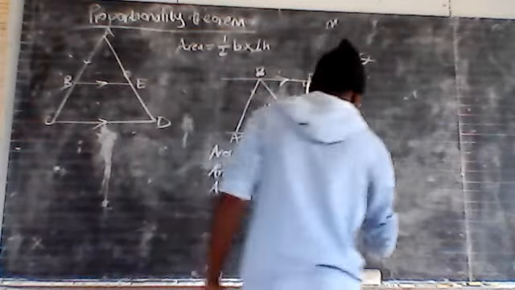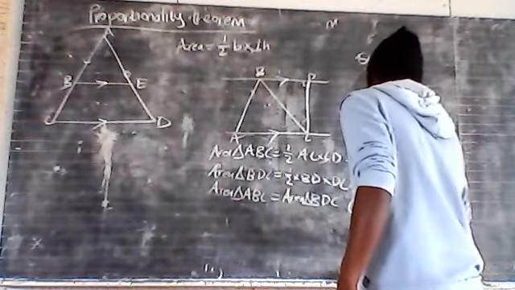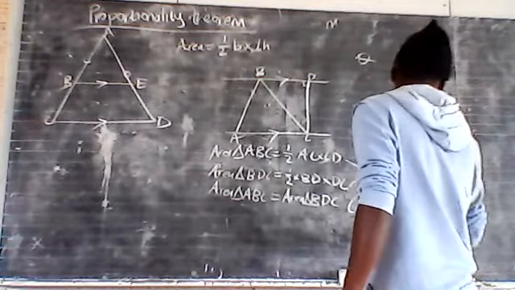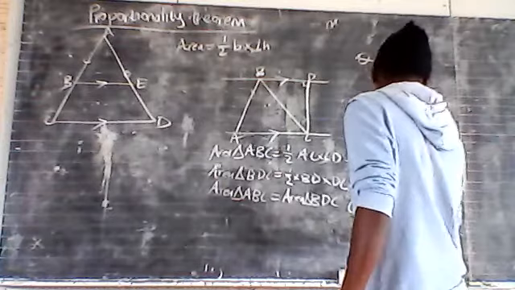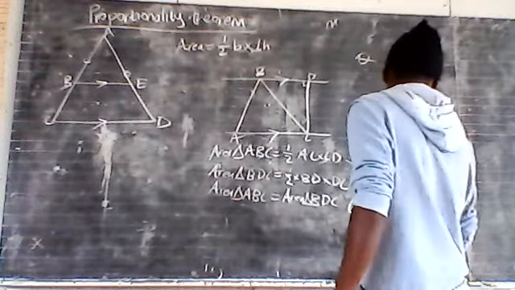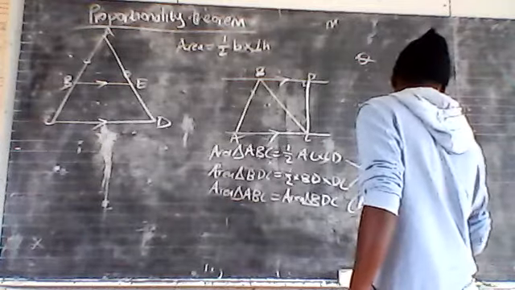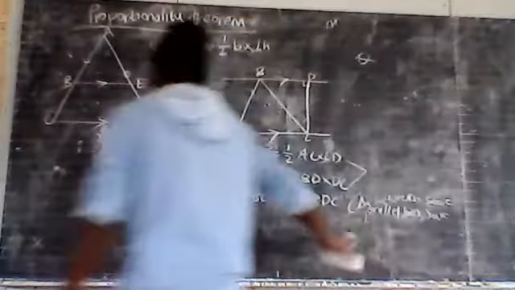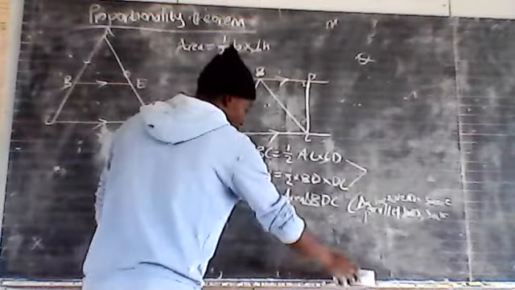We are saying they are triangles between the same parallel lines, and they should be having the same base. So that is all we are going to have to learn about parallel lines in Grade 12.